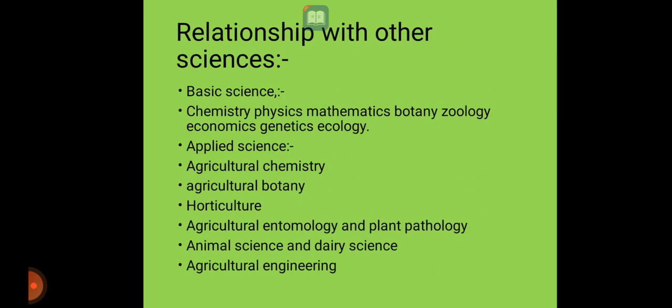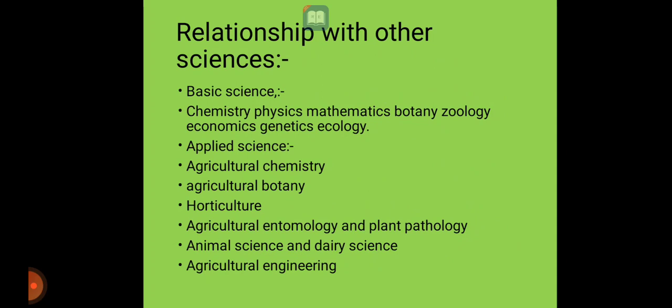Then we discuss agronomy and its relation with other sciences. Agronomy is an applied science which is largely dependent on basic and other applied sciences.